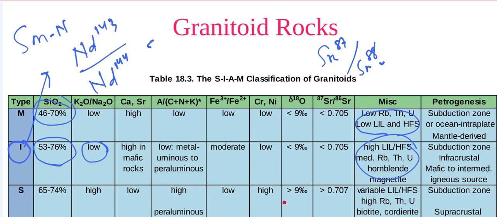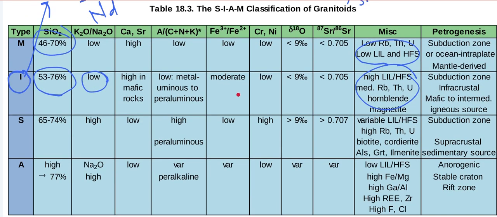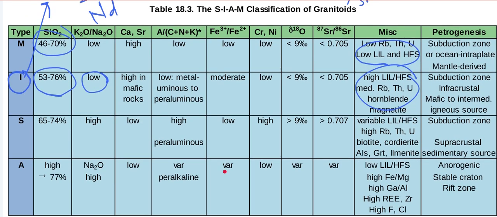Okay, so now M type and I type are similar to each other. Just that both are present in subduction zones. Both are mantle derived, but M type is associated with oceanic lithosphere, and I type is associated with continental crust. This is the main difference between I type and M type.